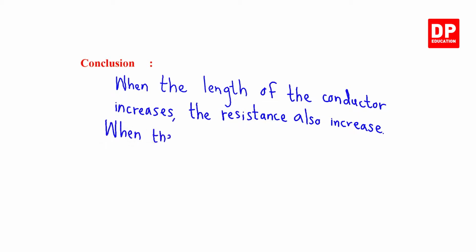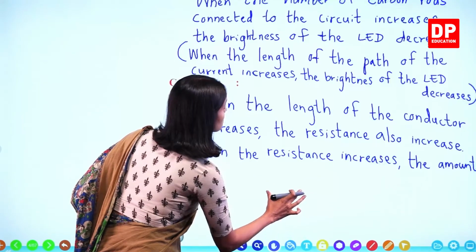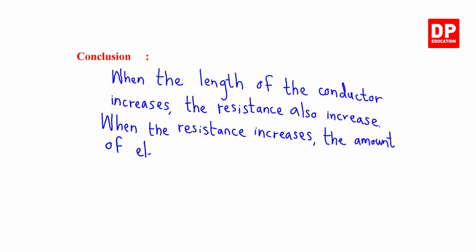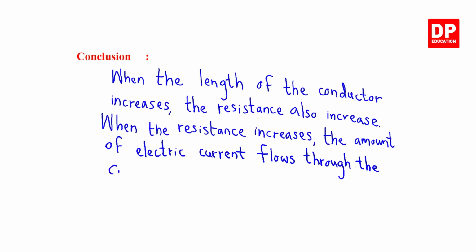When the resistance increases, the amount of electric current that flows through the circuit decreases.